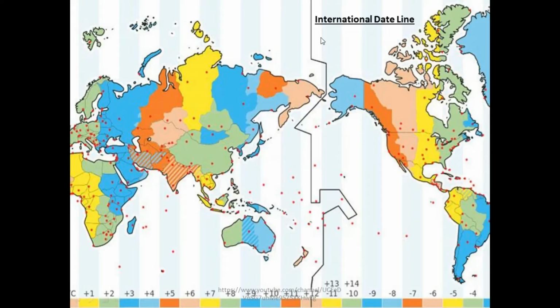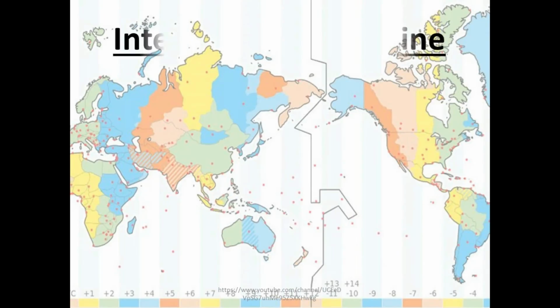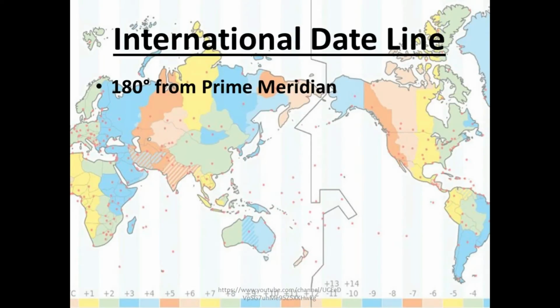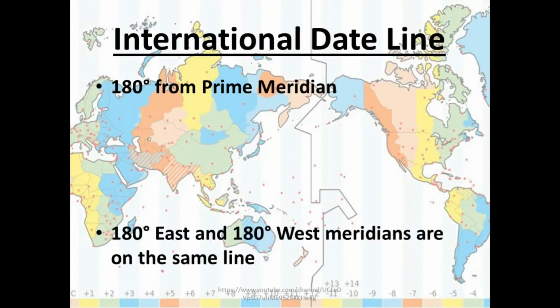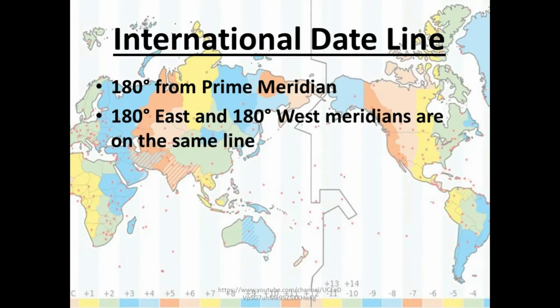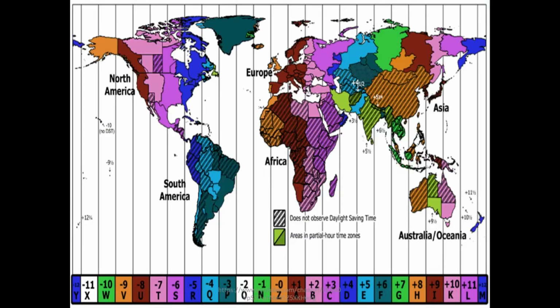That's why the international dateline is zigzag in manner. So it is the basis for date change, 12 midnight. The international dateline is 180 degrees from the prime meridian, east and west, so both are the same line.